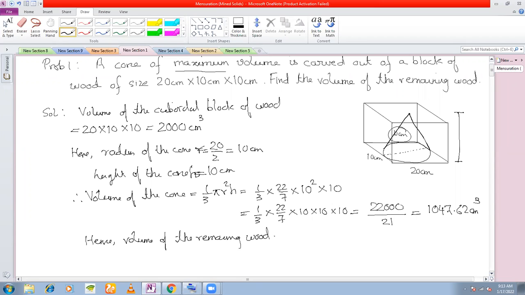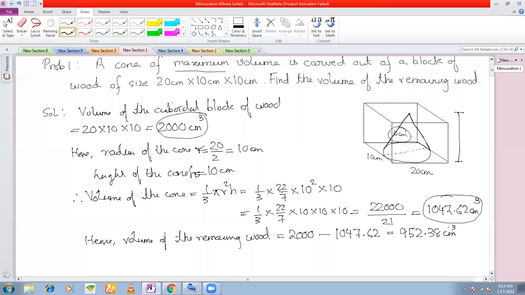Volume of the remaining wood is volume of the cuboidal block, which is 2000, minus volume of the cone, which is 1047.62, which is 952.38 centimeter cube, and that's your answer.